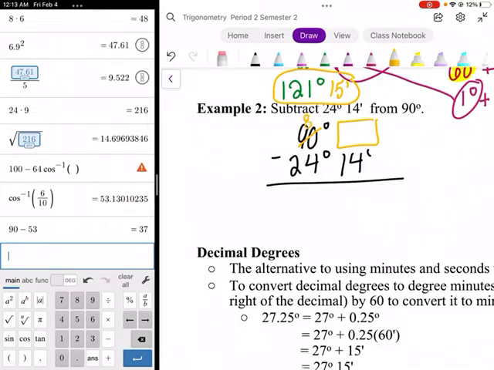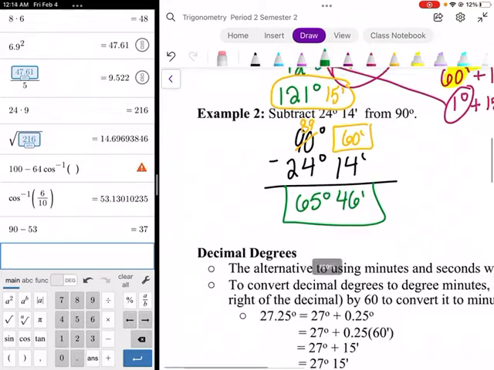So that will leave us with 89 degrees, and that's equal to 60 minutes. Now we can just take 60 minus 14, which will leave us with 46 minutes, and 89 minus 24, which will leave us with 65 degrees. So that's how you can subtract with degrees and minutes.